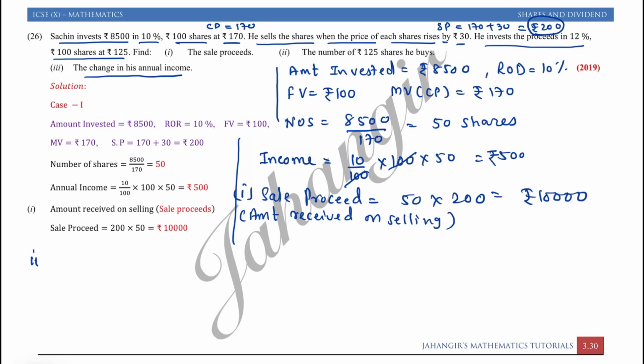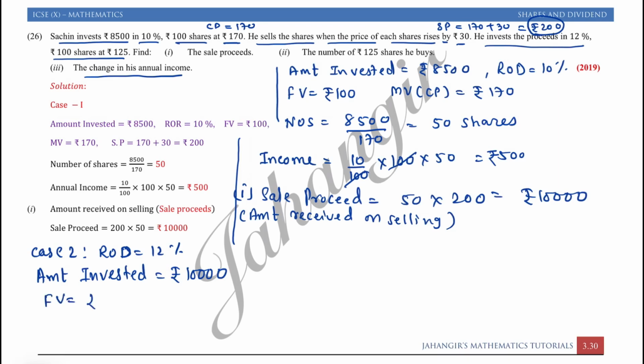Second part we want number of 125 rupees shares. So for that, first we will write case 2 information. Case 2: ROD is 12%, amount invested is 10,000, face value is rupees 100 and market value is rupees 125.